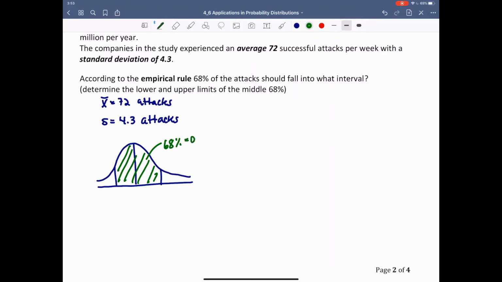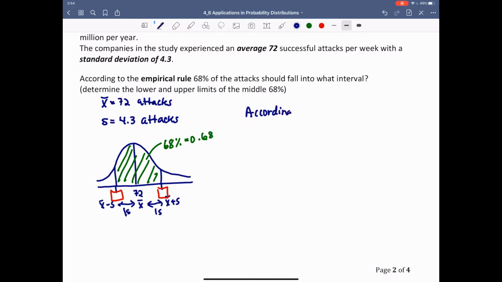That's 68%, or 0.68 as an area under the curve, and that will be within 1 standard deviation of the mean. Okay, so we can actually write those endpoints as x bar plus s and x bar minus s. So we're looking for the lower and upper values.